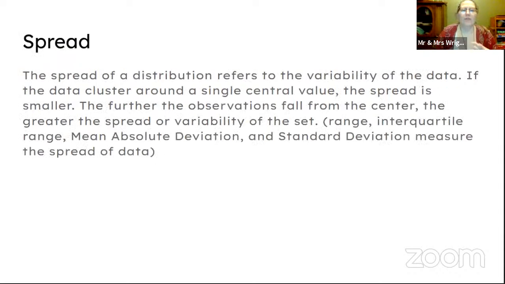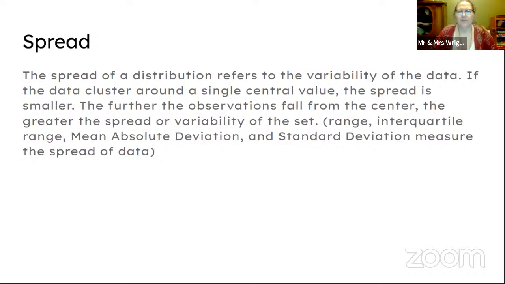Spread, how far spread out it is, the variability of the data. So if it's just kind of clustered around one little thing, or if it's all spread out from that center number. So like it has to do a lot with range. How wide is the data from the beginning to the end?